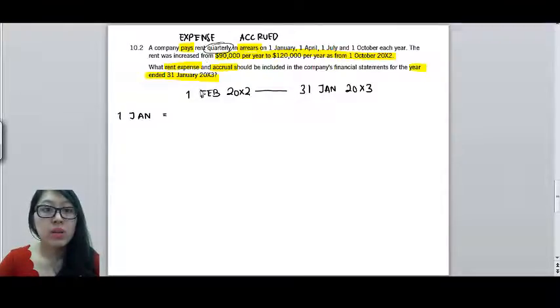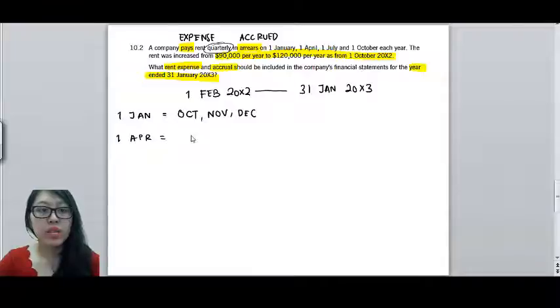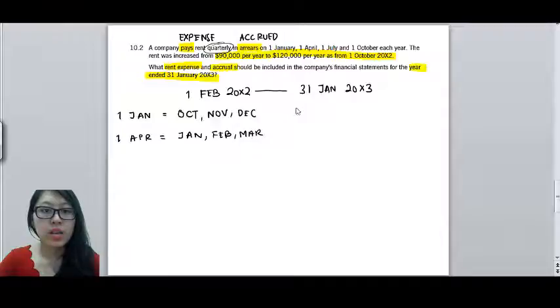So in this case, because it says quarterly, that means it's for 3 months. So on 1st January, we're actually paying for October, November, and December. Similar to 1st April, we are paying for January, February, and March.